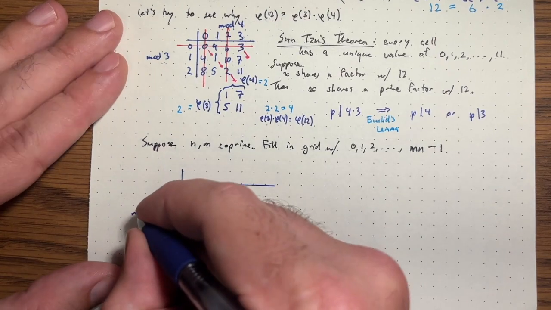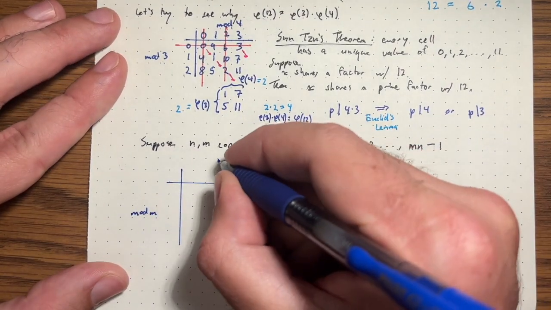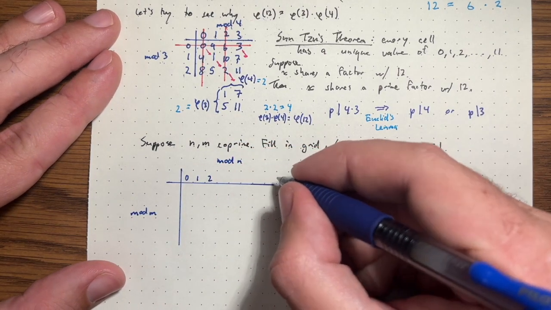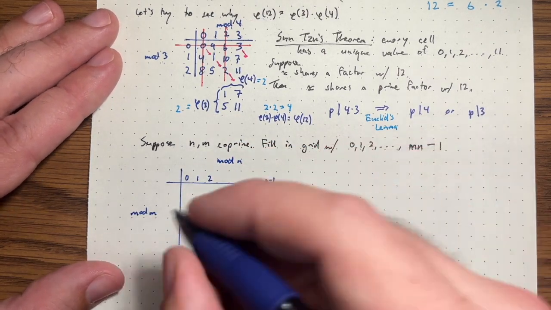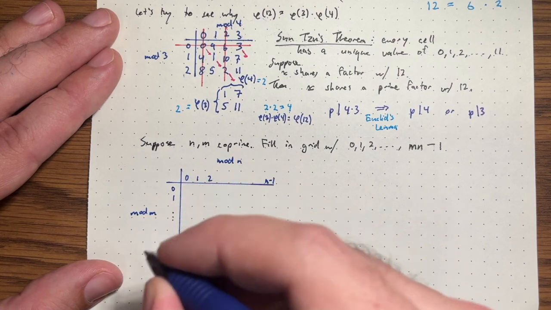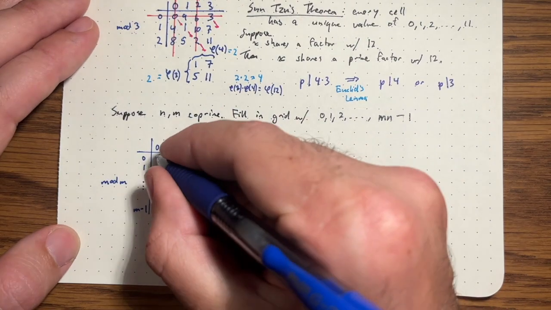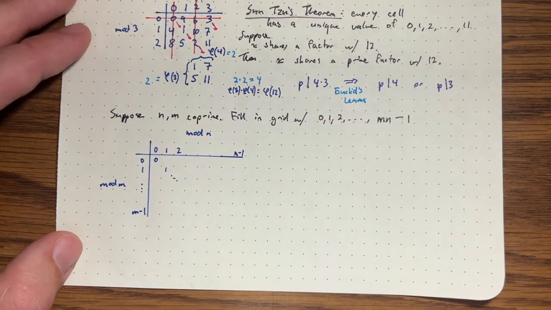Here we'll go mod m, here we'll go mod n. I have 0, 1, 2, all the way up to n minus 1, and then 0, 1, all the way down to m minus 1. Fill in this whole grid.